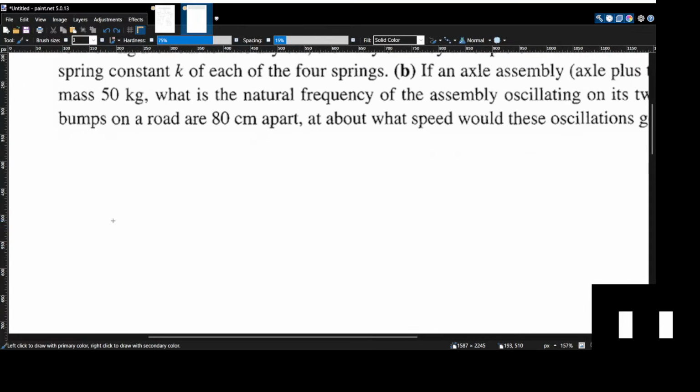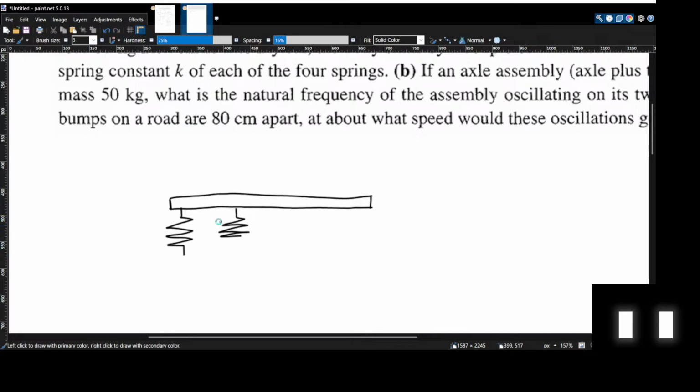So we can approximate the car as a little plate, and then we have a spring that looks somewhat like a resistor. I can't really draw springs without making them look like a resistor, or an inductor.